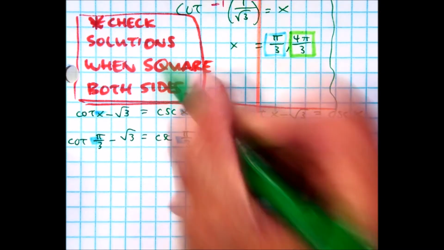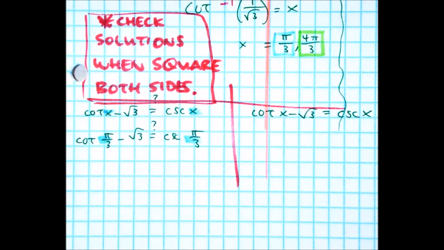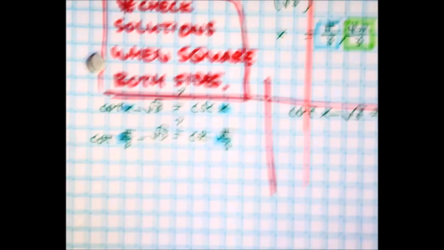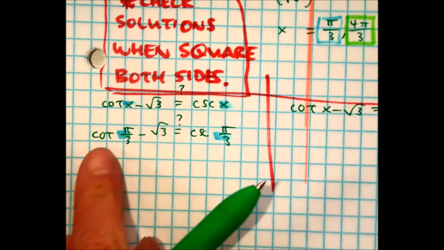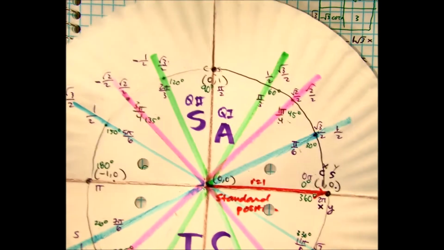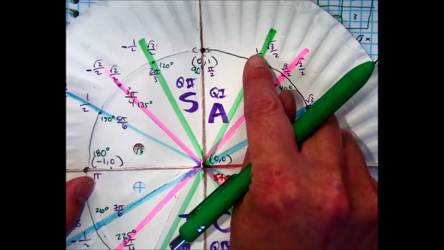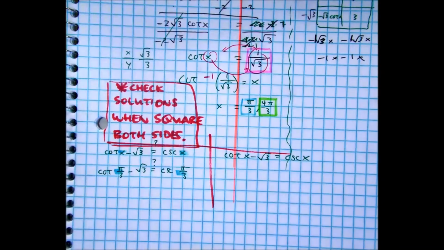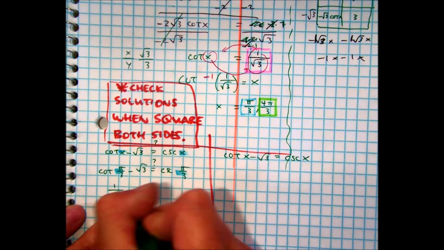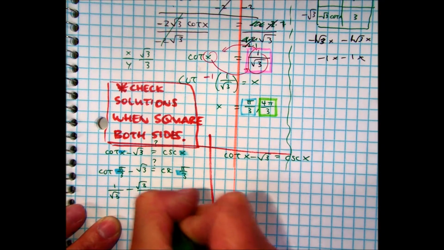When you're testing a solution, it's a question mark, because we're not sure if they're actually equal. Let's find cotangent of pi over 3. Here's pi over 3. Cotangent is x over y, so that would be 1 over radical 3. This is radical 3 over 1.